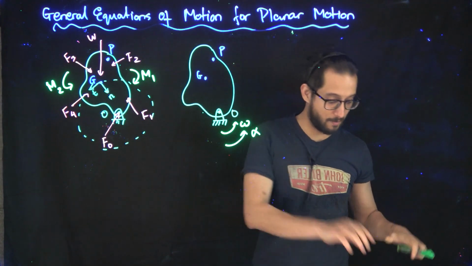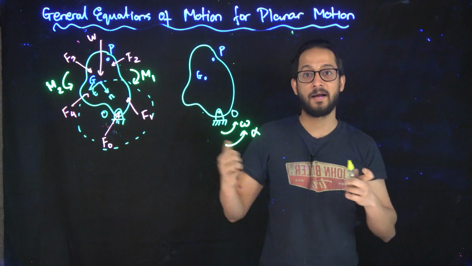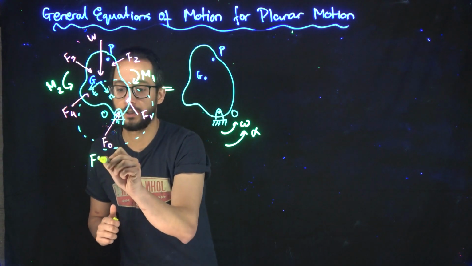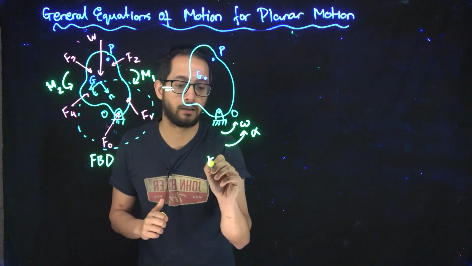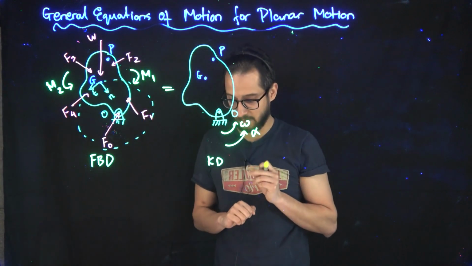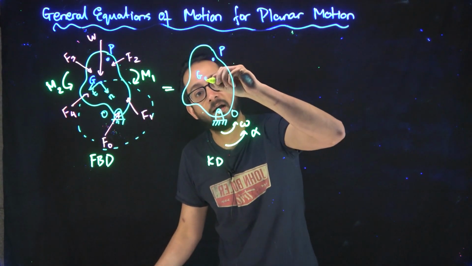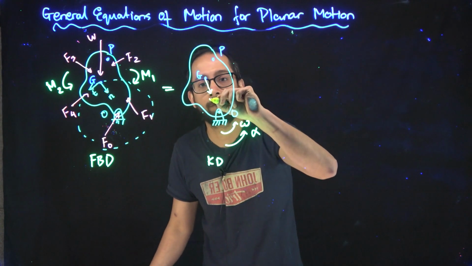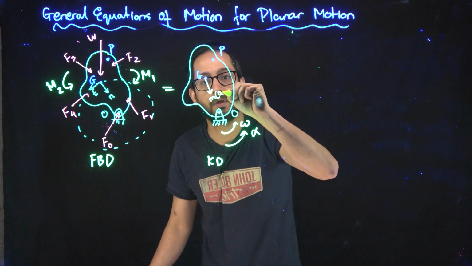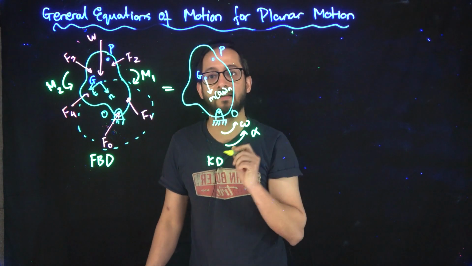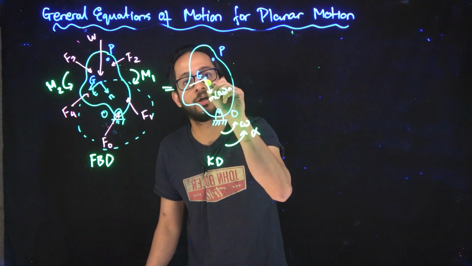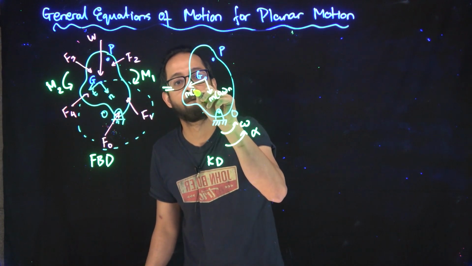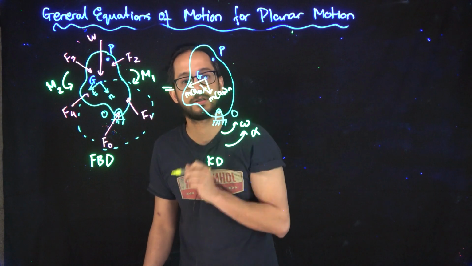When I'm looking at my kinetic diagram, so again FBD and KD, and I'm looking at the point G, I can have m a_G,n like that, and then a tangential term, which is m a_G,t like that.